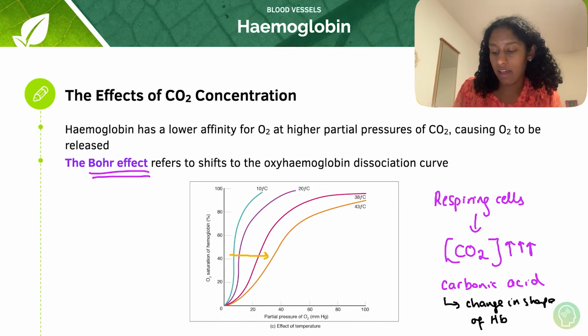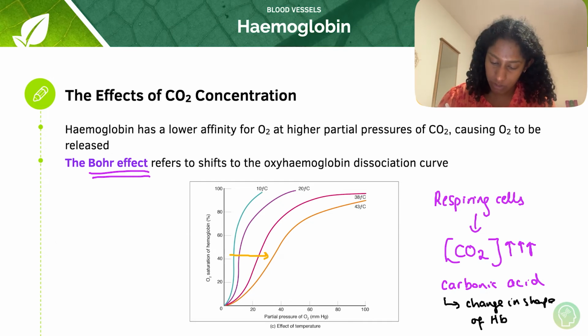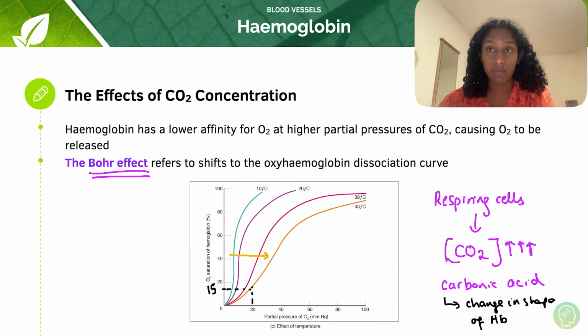So you can see here that at a higher concentration of carbon dioxide, the curve is shifted to the right compared to here, which means that if we go from this partial pressure of oxygen of 20, our oxygen saturation in our higher carbon dioxide concentration is about, let's say, 17. Well, actually, no, that looks more like a 15 to me. 15% oxygen saturation of haemoglobin.